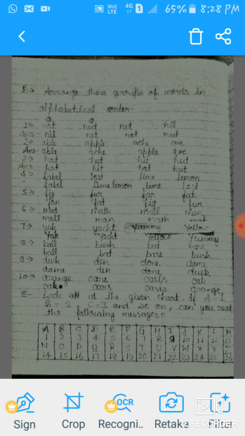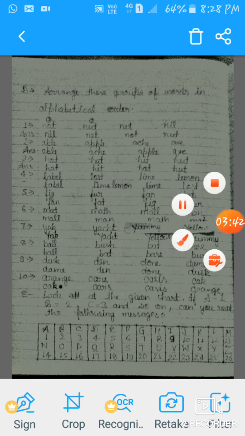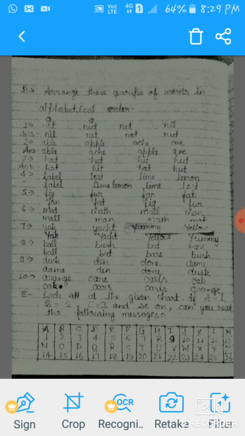First is net, then nil, then not, then nut, okay. Second, you are also arranging in the same way. Here are given some words: able, apple, egg and eggs, okay.